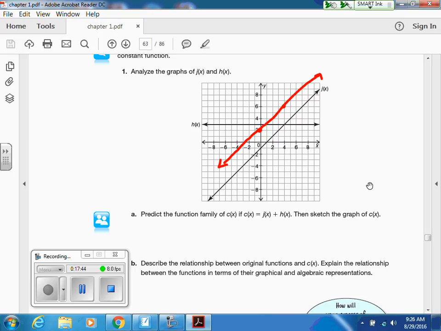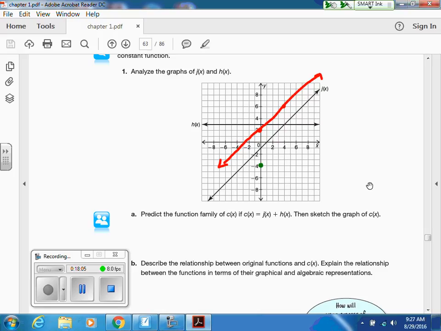What's the y-intercept on the one that you subtracted? Did you get that far? 4. What is it? It's not 4, it's... Yeah, -4, right. You got it, okay.